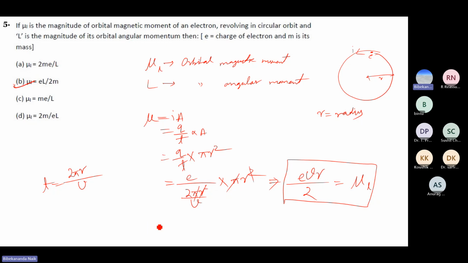According to Bohr's theory, L is mvr. So linear momentum into radius of a circular orbit is angular momentum. So L is mvr. This is the second equation, and this is the first equation. So if you put the value of vr, it will be L by m.